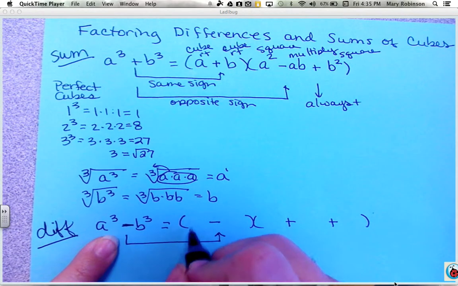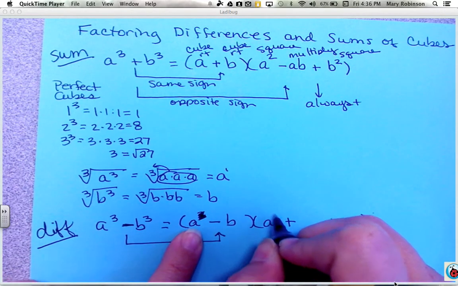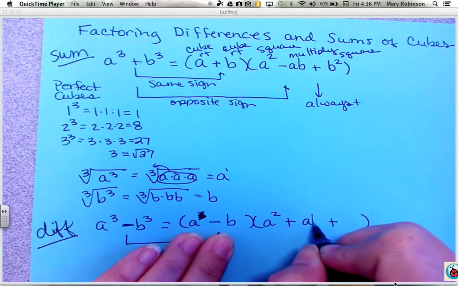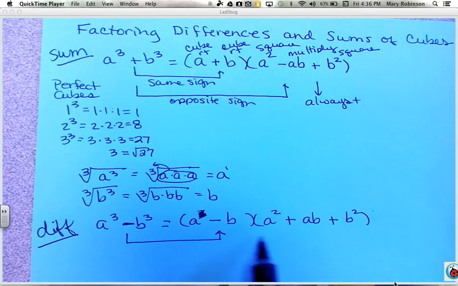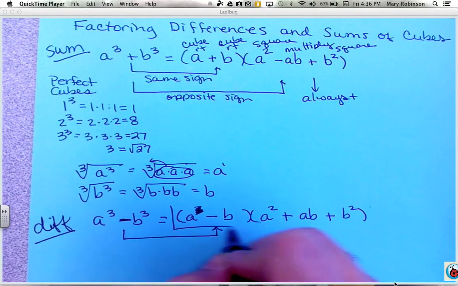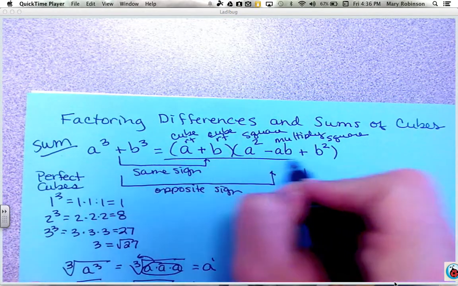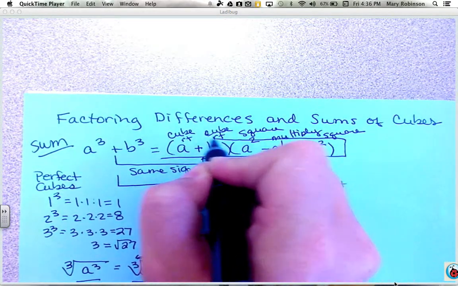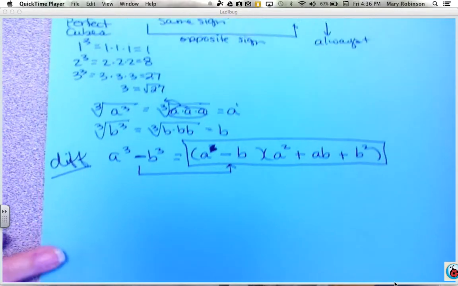We take the cube root, oops, I apologize, square the first, multiply, and square the last. So these you are definitely going to need to memorize as the factors for a difference and a sum of cubes. Okay, so memorize those. So let's take a look at our first example.